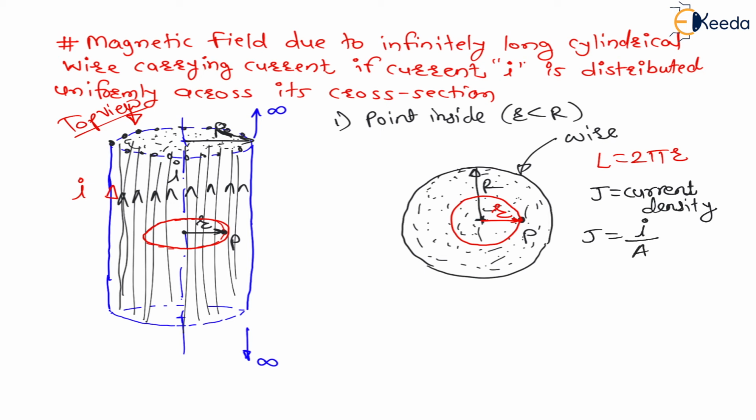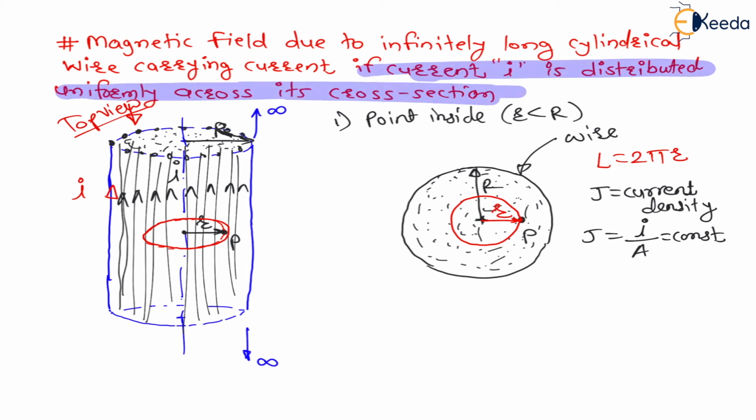A is area, and J is constant here. For this case they have mentioned it is uniform. The current I is distributed uniformly across the cross section. Therefore current per unit area is constant. Uniform means constant.